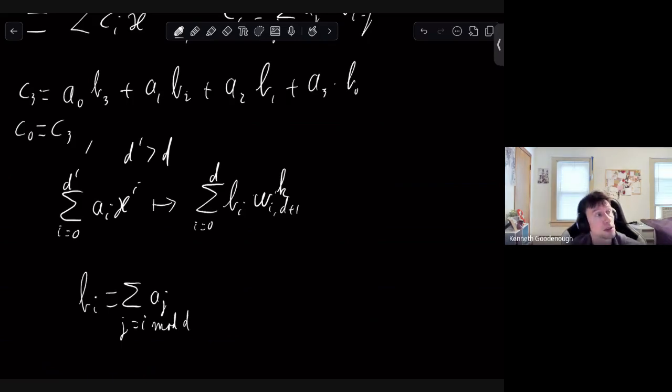Maybe d plus 1, let's see. No, this should be correct. I'm also thinking now whether it's just more natural to consider d minus 1 polynomials instead of d polynomials. Again, indices are always the bane of my existence. Okay, but let's assume we have this.